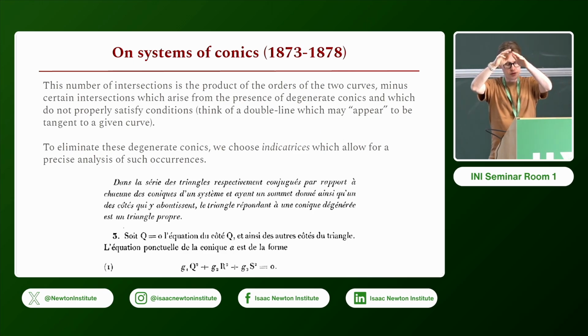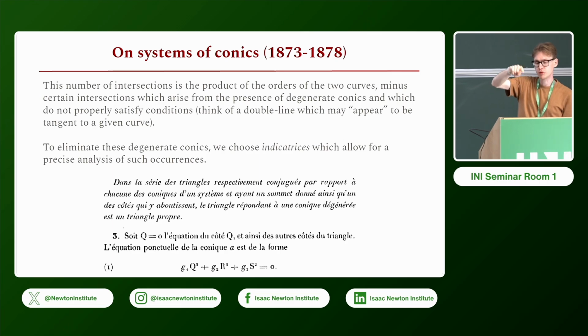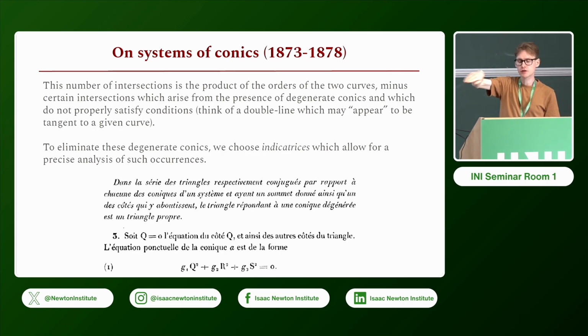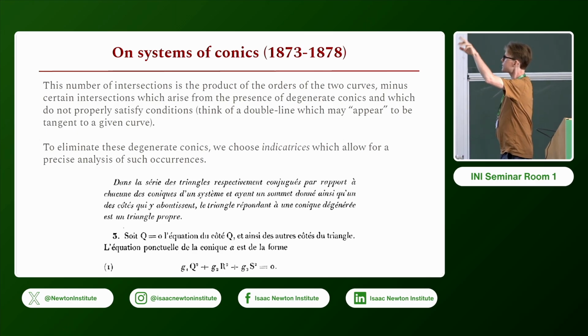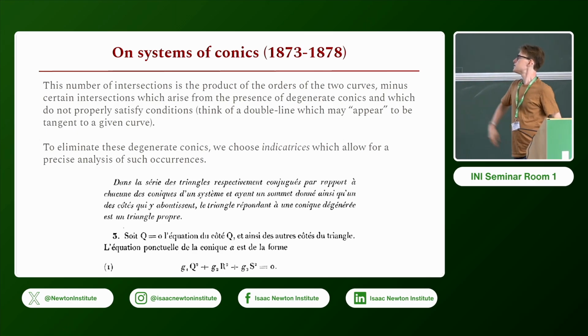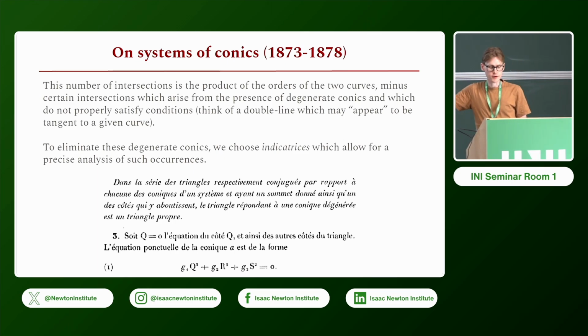So the conics of the system which are degenerate correspond to points of the curve which intersect one of the three sides of the triangle. And so we can geometrically describe, by looking at when the curve intersects the triangle, the moments at which the conics in the system are degenerate.